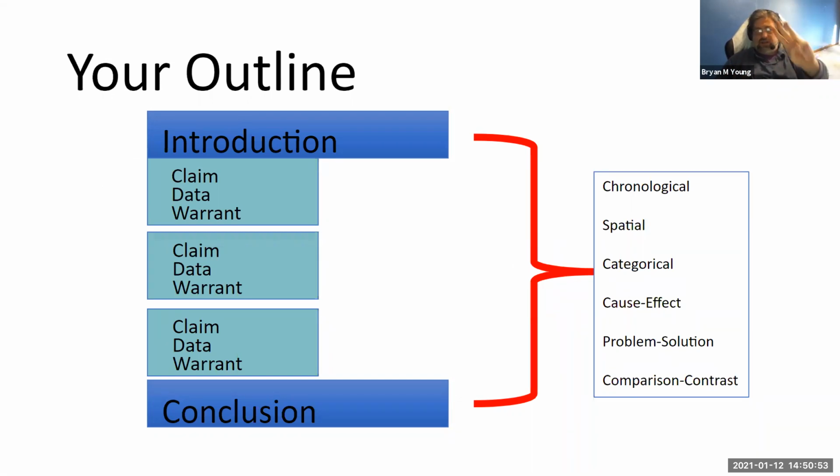Here are three reasons why we should ban the death penalty. For each of my reasons, I'm going to have a claim, use evidence, and explain how that evidence is connected to my claim. So there we go. Claim, data, and warrant. You've got to have those three things to make a good argument.